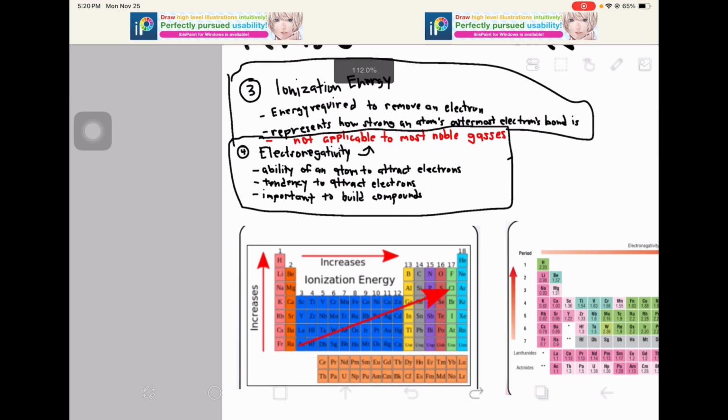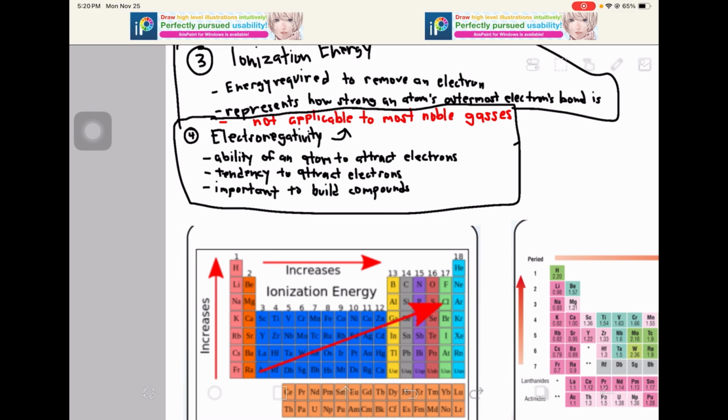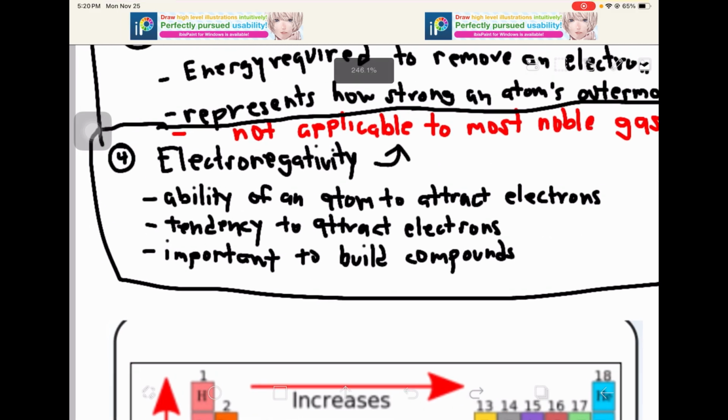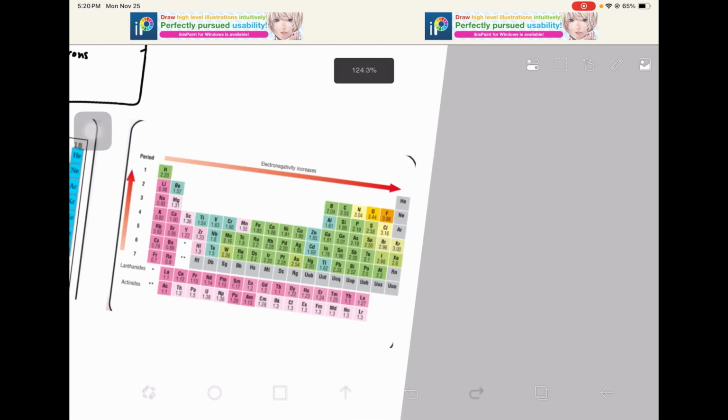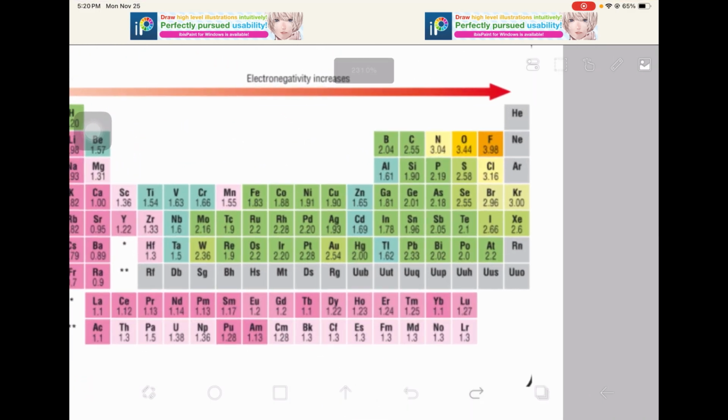Okay, so first and foremost for electronegativity, it's the ability of an atom to attract electrons or the tendency to attract electrons. This is obviously important in building compounds because electrons are kind of the bonds of atoms. These are not applicable to most noble gases, as we see in our chart here.